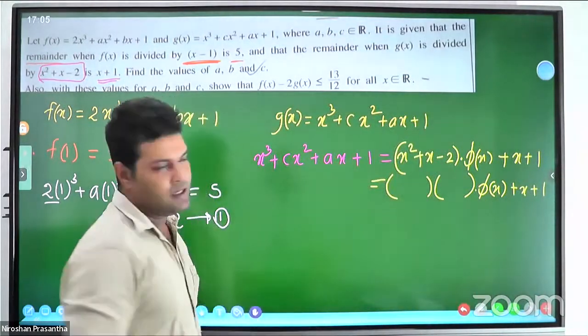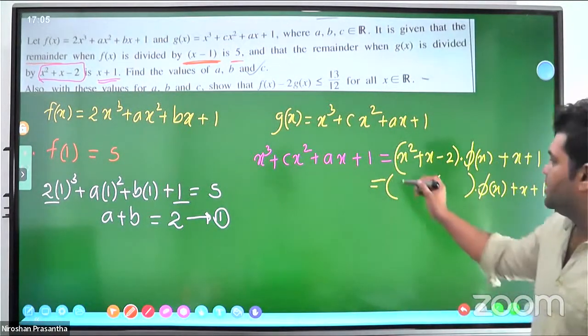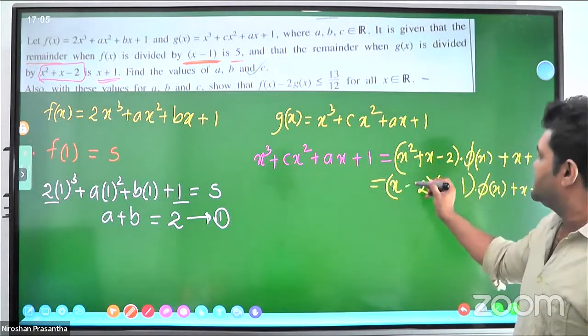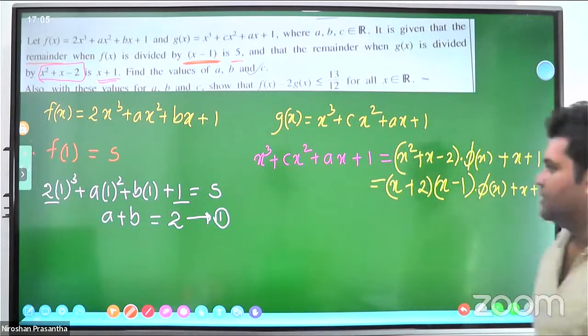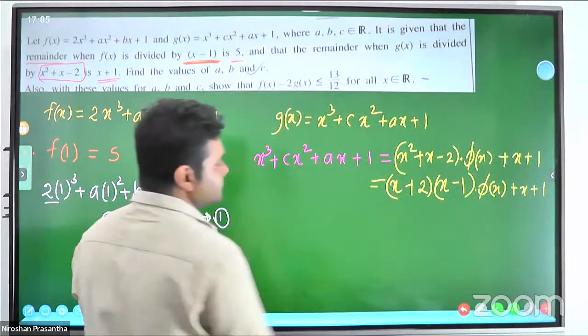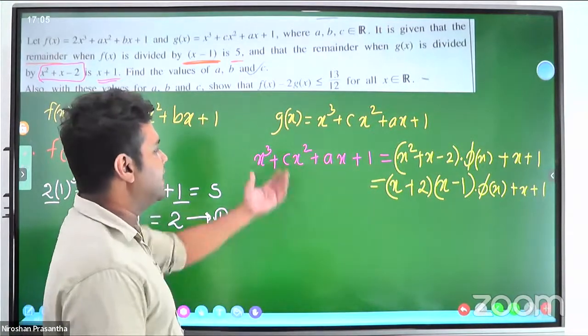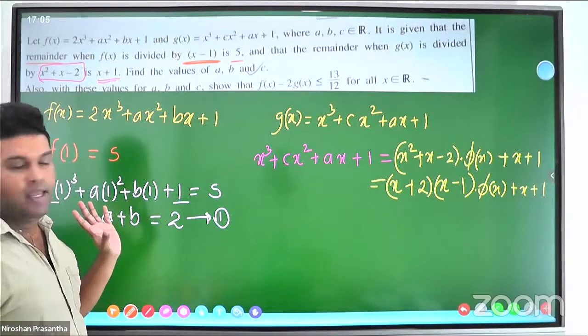The factors of x squared plus x minus 2 are (x plus 2) and (x minus 1). Then we can substitute x equal 1 for both sides, x equal minus 2 for both sides, and we can get the values of a and c. Next, we can find the value of b in equation 1.